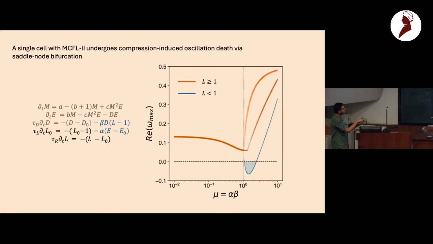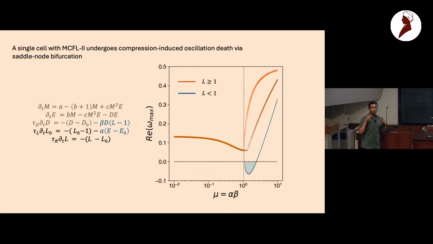What you find for an individual cell is that below this threshold, which is roughly about 1, you get a single fixed point, which is an unstable, oscillating fixed point. Above this threshold, you have a saddle-node bifurcation that gives rise to 3 fixed points, one of which is a stable fixed point. What that tells you is that if you go into that fixed point, then you don't have any oscillation, which Hopf oscillators usually have.